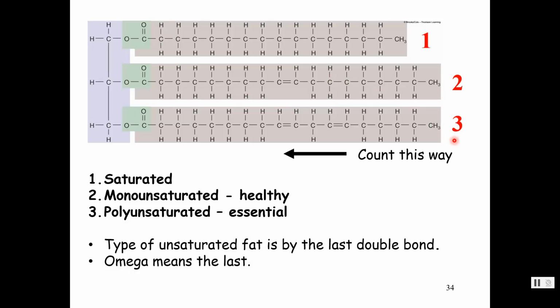And then this third fat, notice there's 2 double bonds, so that's polyunsaturated. And so we count 1, 2, 3, 4, 5, 6. This is an omega-6 fatty acid. So that's where you get that number from. Omega means end, so you start counting from here. And so that's how you can tell what type of fatty acid it is.